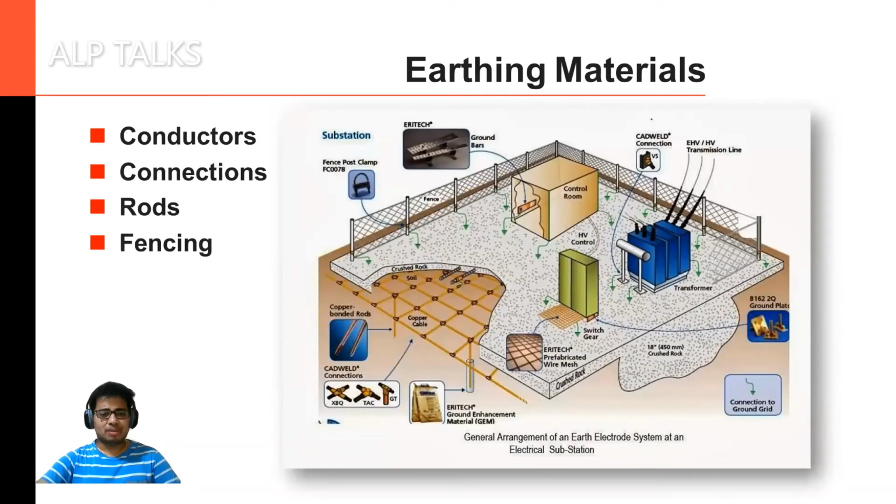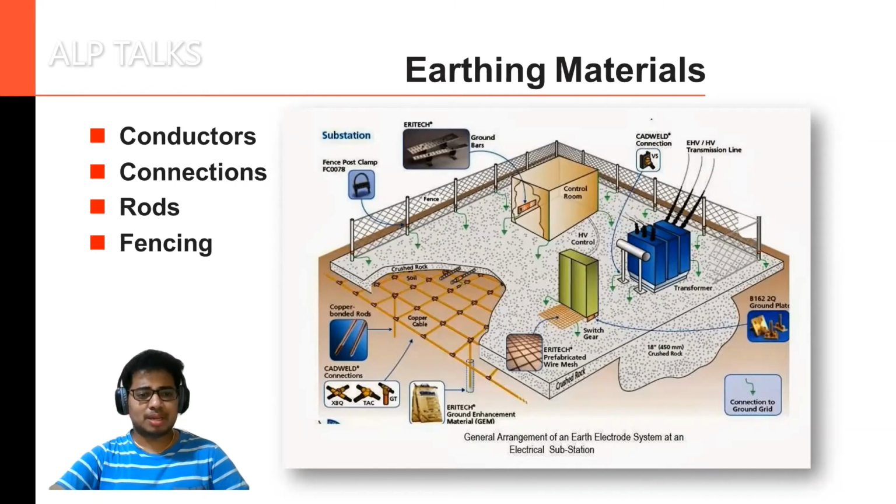And we have some earthing arrangements here, earthing materials here. We have conductors and other connections, rods, fencing. All these things are important in the substation. We will use this copper cable, you can see it here. This entire system internally is meshed or earthed, we can say.